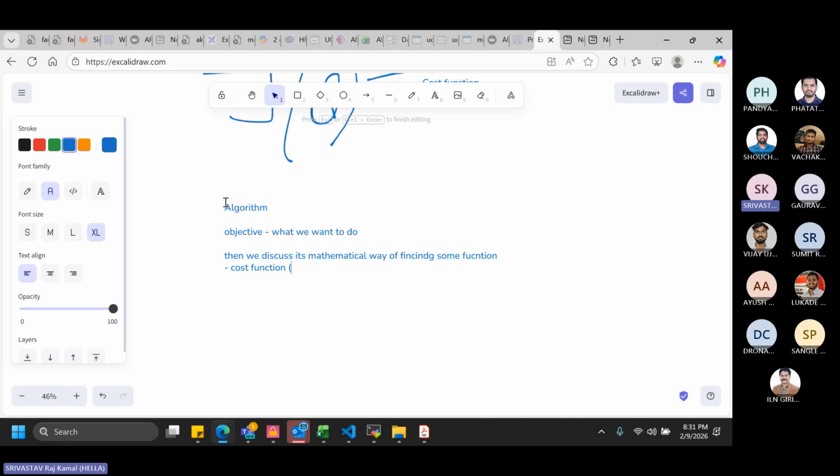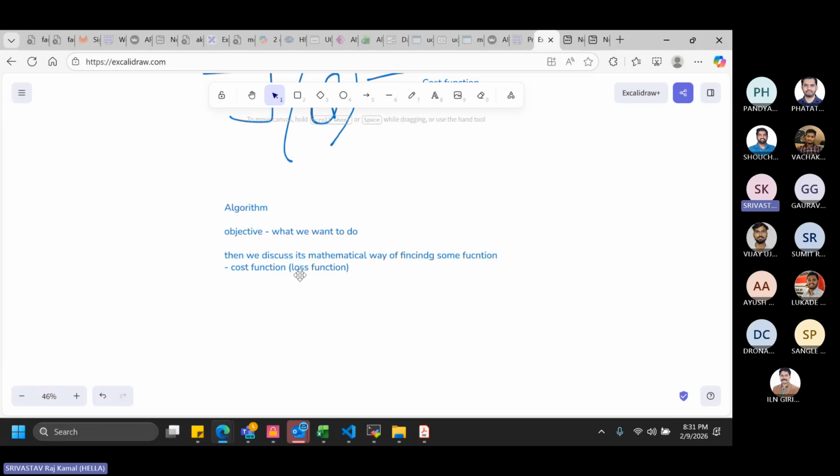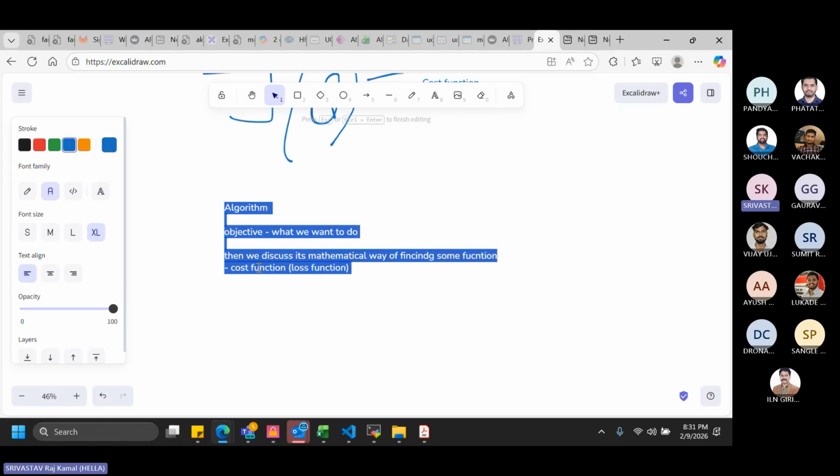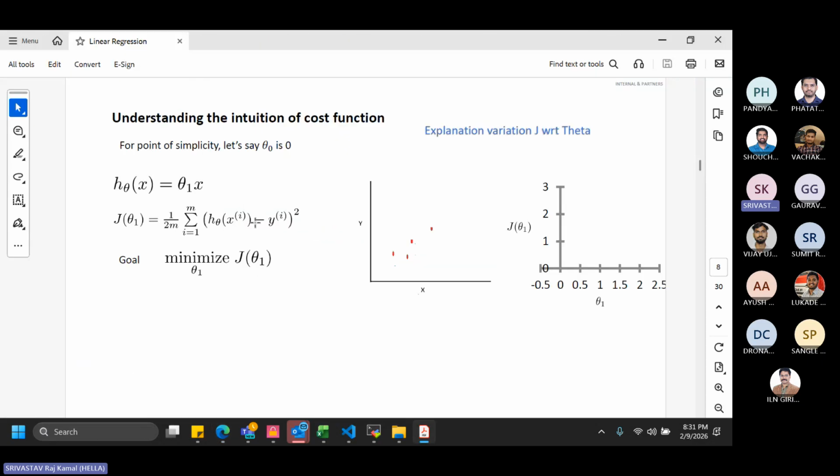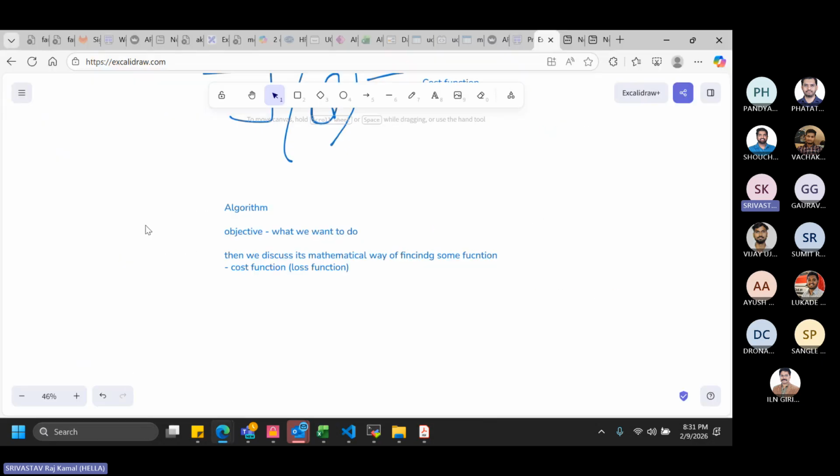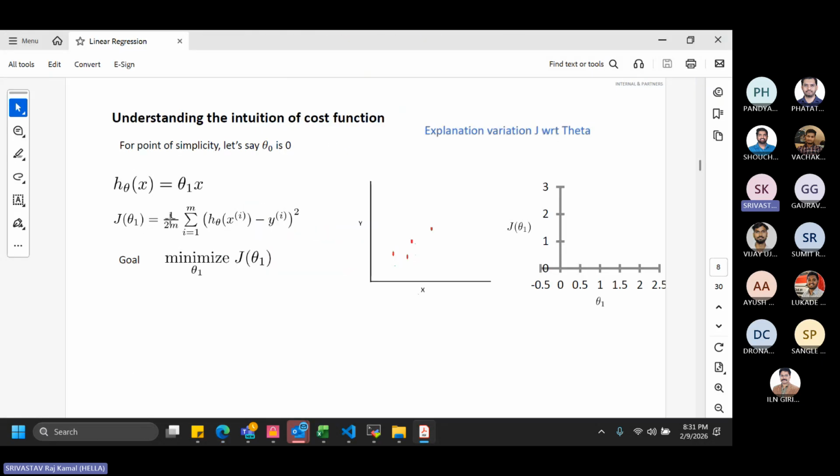Sometimes you will also see it as a loss function. Loss is a term generally used in mathematics, which is nothing but the error. Loss means actual minus predicted, the difference between these. Let's stick with the cost function. Practically, our goal is to minimize this cost function.